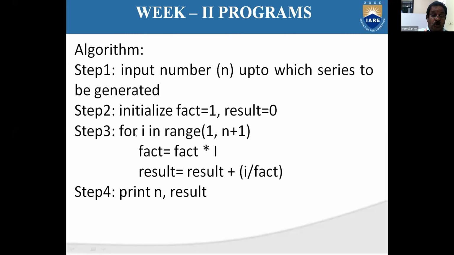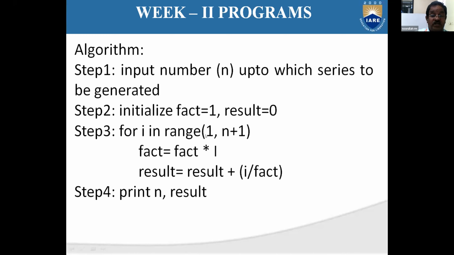Then you will be making use of a for loop, for i in range 1 to n plus 1. Then you will be using fact equals fact into i. If i equals 1, then fact will become 1 into 1, since fact was already 1. Now the latest value of fact will be 1.